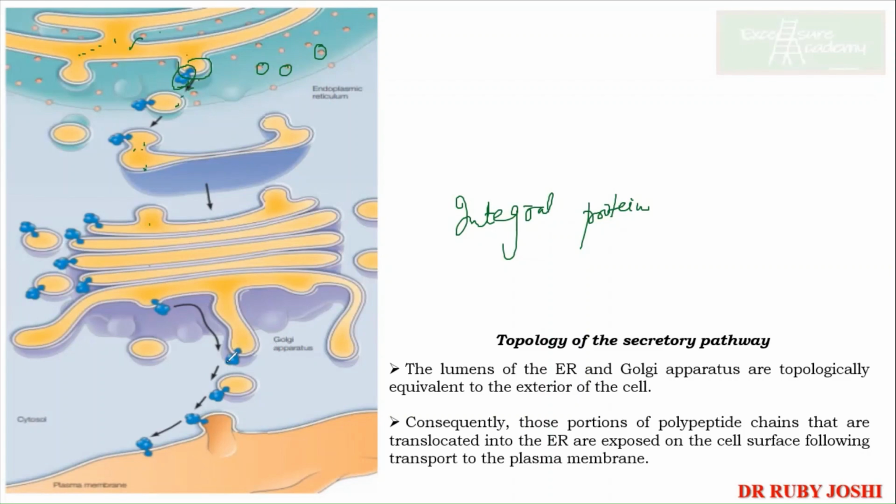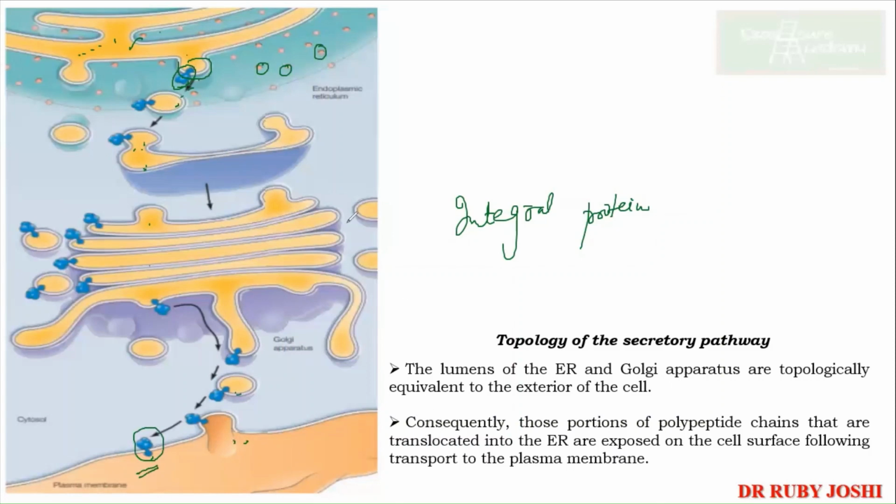After the full modification, it again forms a vesicle and fuses with the plasma membrane. This is how the integral proteins which we studied initially in the plasma membrane, all the transporters or channels, get inserted into the plasma membrane. Is it clear?